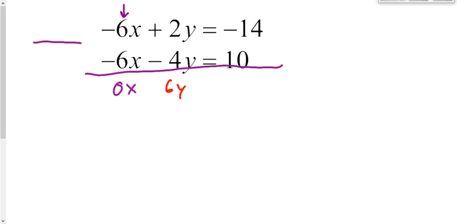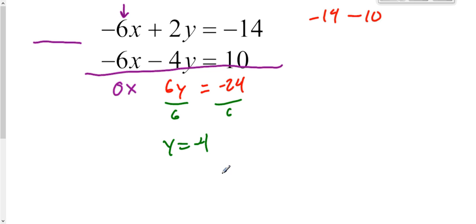And then negative 14 minus 10 gives us negative 24. Divide by 6, divide by 6, y equals negative 4. Now we have to choose one of our problems to work with. Again, I'm going to choose the bottom equation.